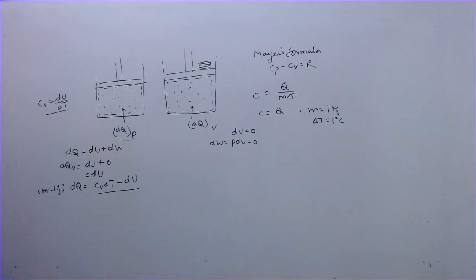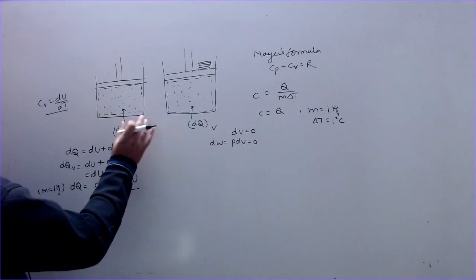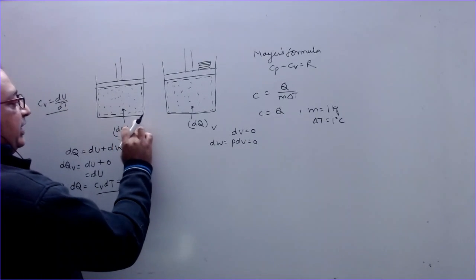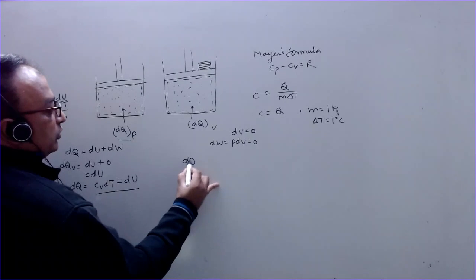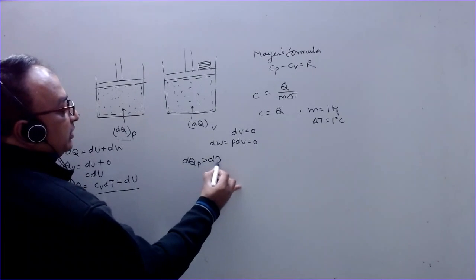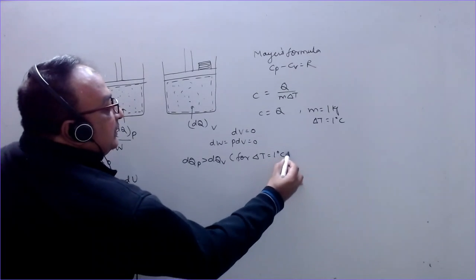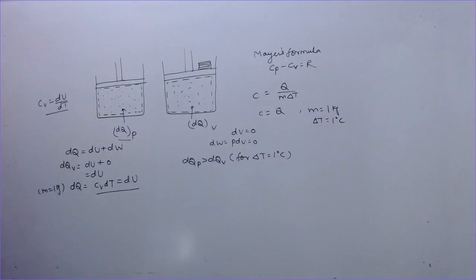So it is used in two ways. So you can say that here, for increasing the temperature by 1 degree Celsius, the heat supplied will be more. dQp will be more than dQv for delta T to be 1 degree Celsius or 1 degree Kelvin.